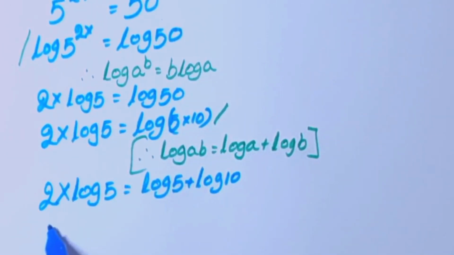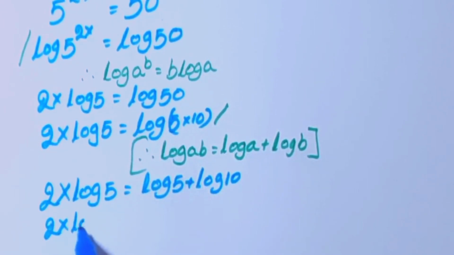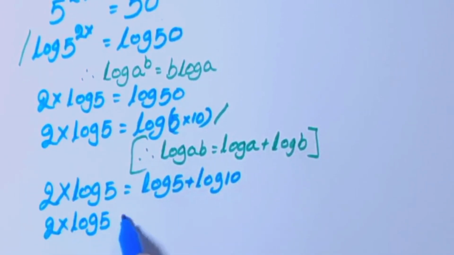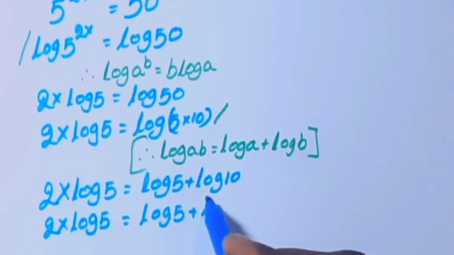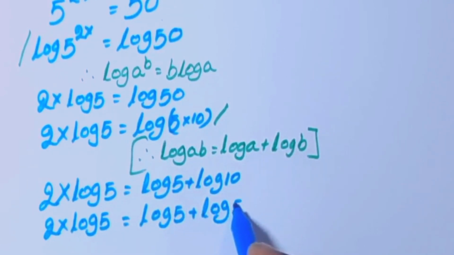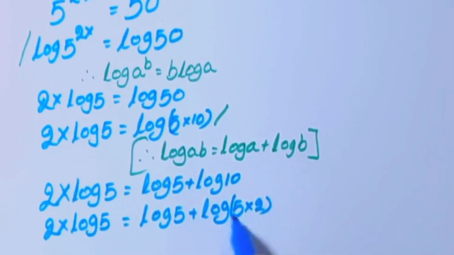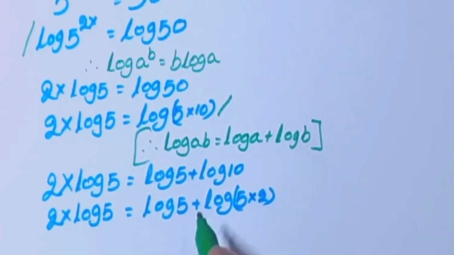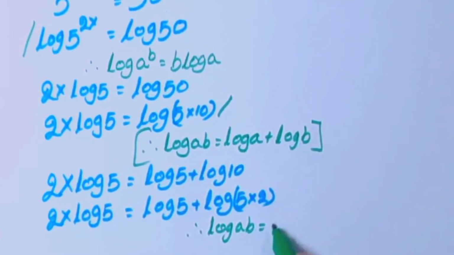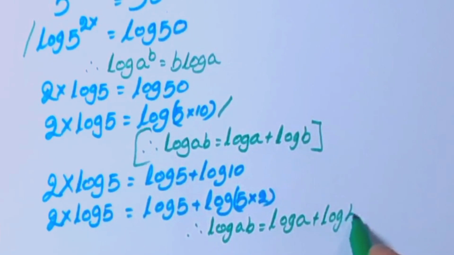Again this 10 can be written as 5 times 2, so 2x log 5 equal to log 5 plus log 5 times 2. Same, we are going to apply this log product formula, that is log ab equal to log a plus log b.